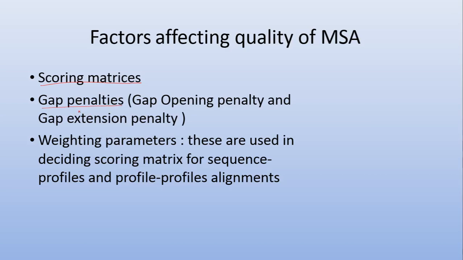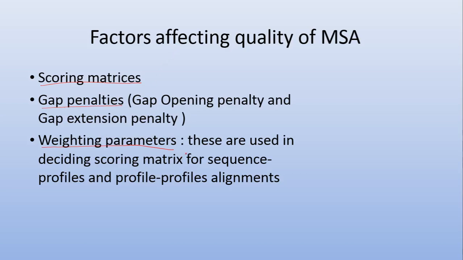When it comes to aligning profiles to each other and subsequent sequences to the remaining profiles, you would also consider something called the weighing parameters in multiple sequence alignment. What weighing parameters you choose would eventually affect the quality of the multiple sequence alignment.